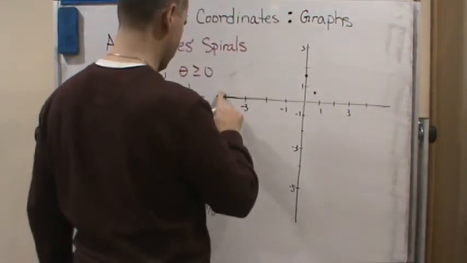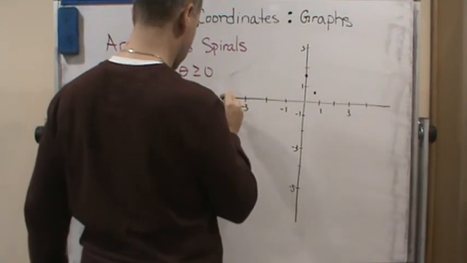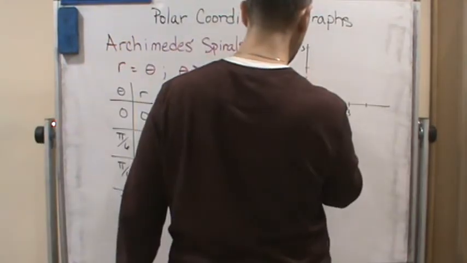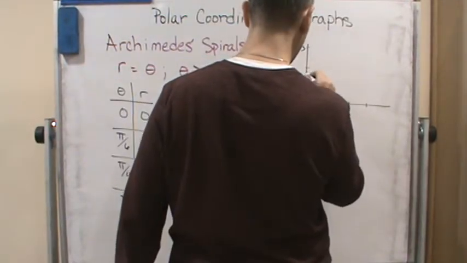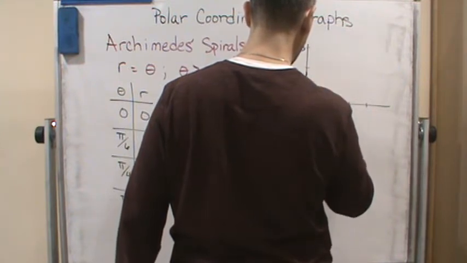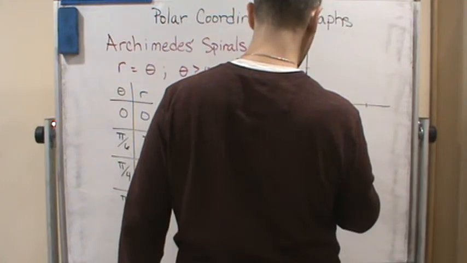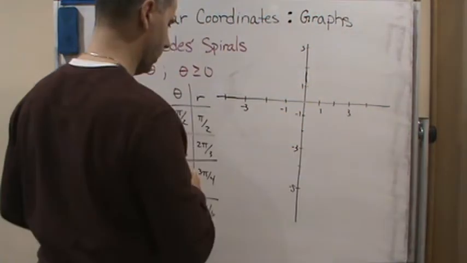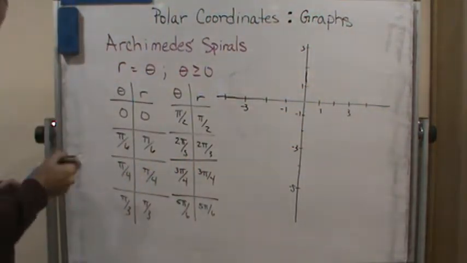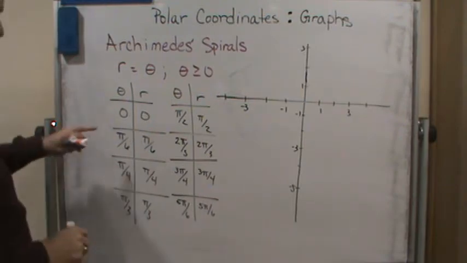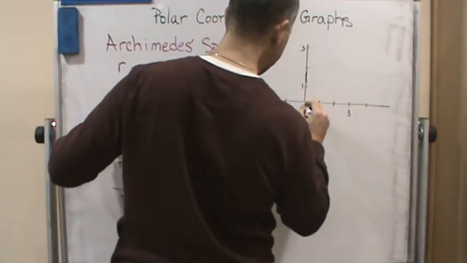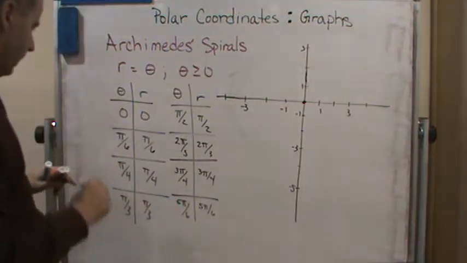Okay, so let's redo this. Okay, now this should be better. So 0, 0, right? So we got 0, 0.